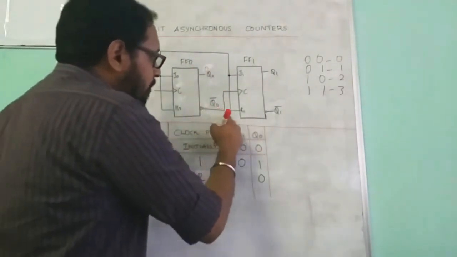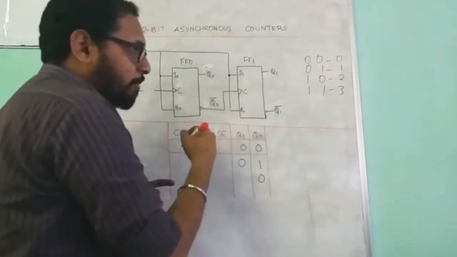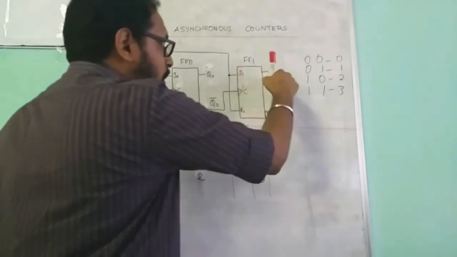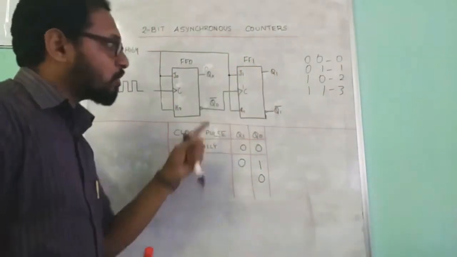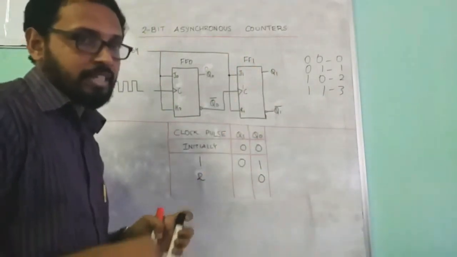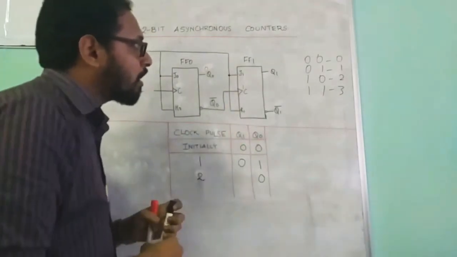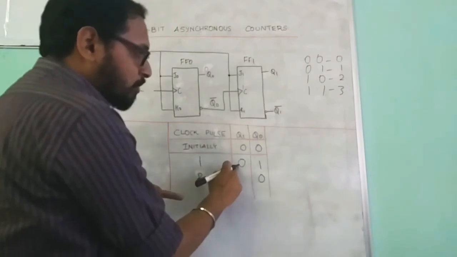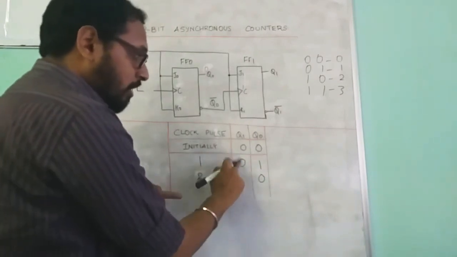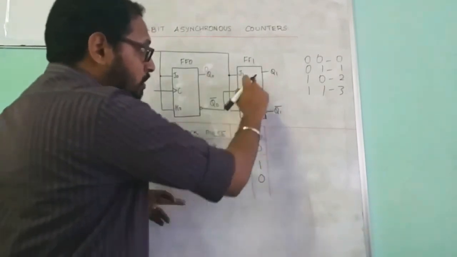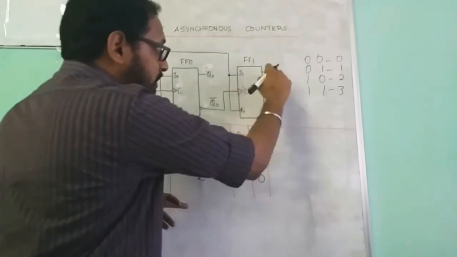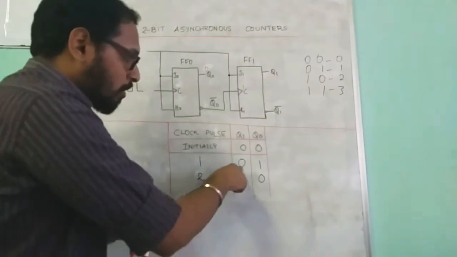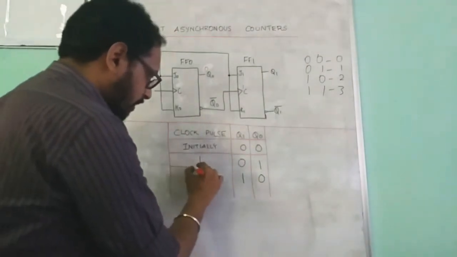This 1 will propagate to the next flip flop. So here we get a 1, which means that output Q1 should change, because 1 reached here. That is positive edge triggering to flip flop 1. What was the previous value of Q1? It was 0. As 1 reached here, 0 will change to 1. Clear?